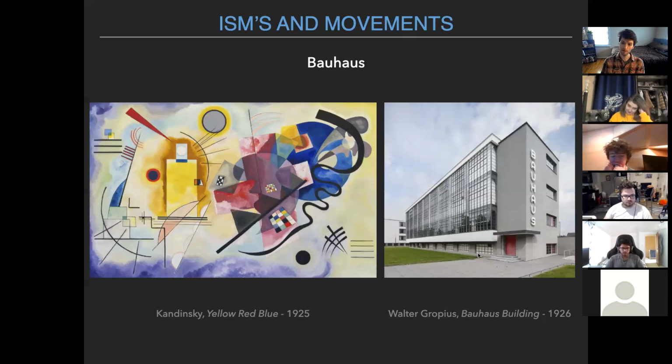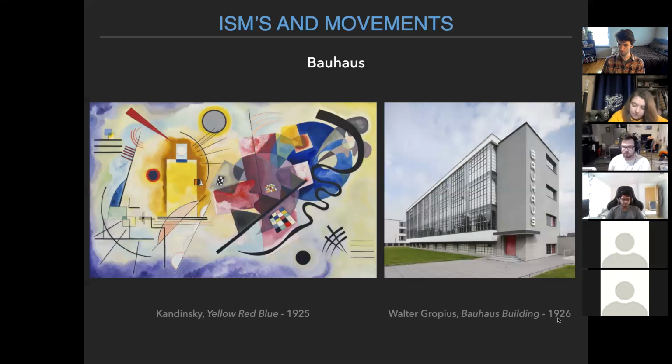So this one architect, Walter Gropius, is the main component here that built up this new structure of education called the Bauhaus. And this started in Germany, 1926, right? So around the World Wars period.